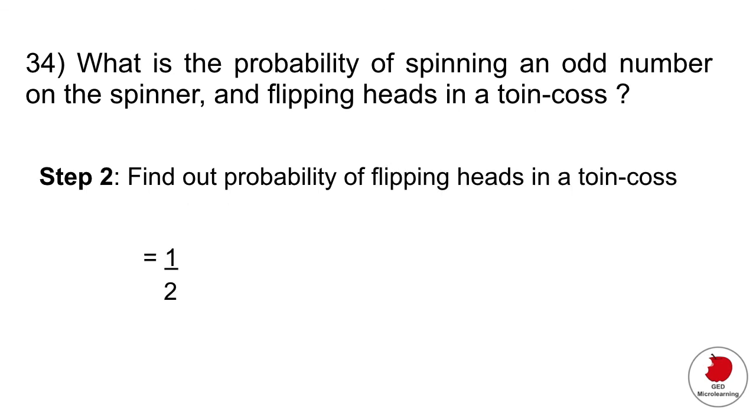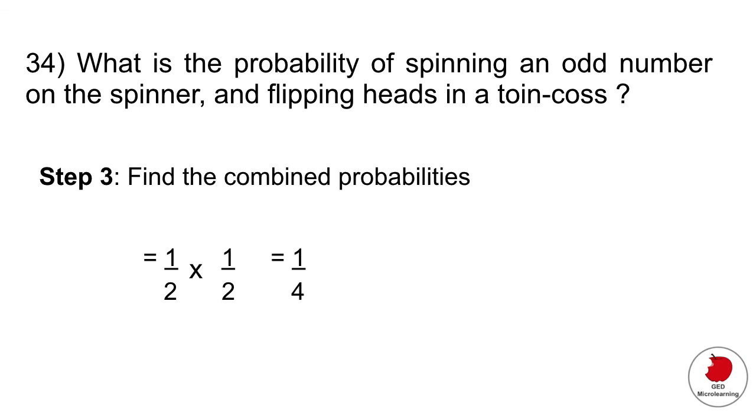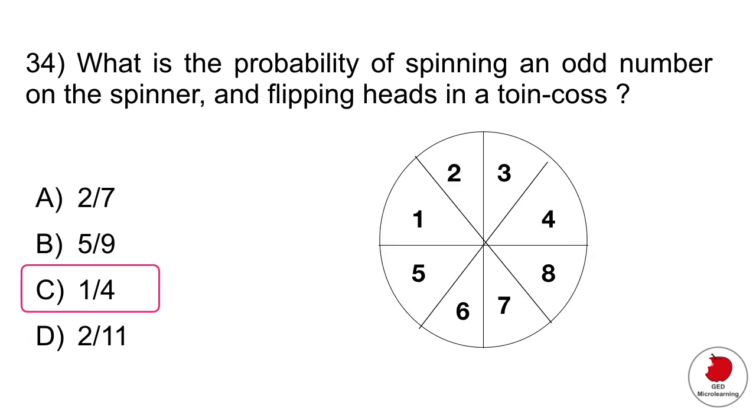Step 2 is to find the probability of flipping heads in a coin toss, right? It's either going to be heads or tails, so you have a 50% chance. Finally, step 3 is you're going to combine these 2 probabilities by multiplying them together. Remember that when you multiply fractions, you just multiply across. So that gives you 1/4, which is option C.